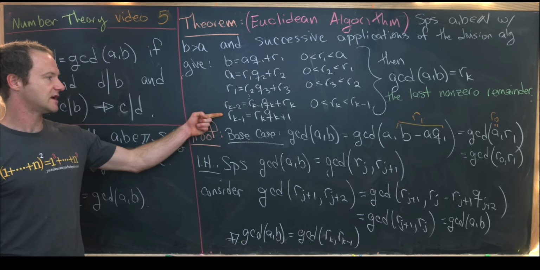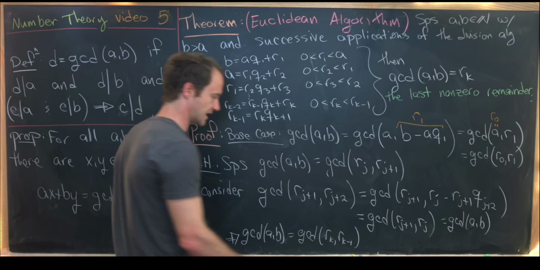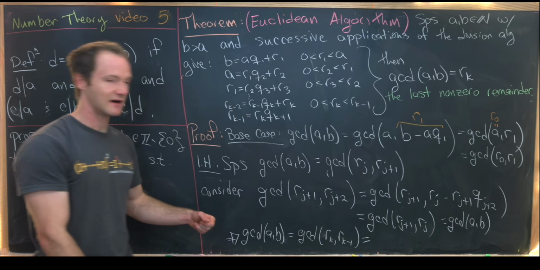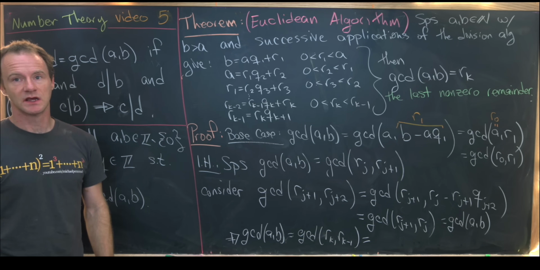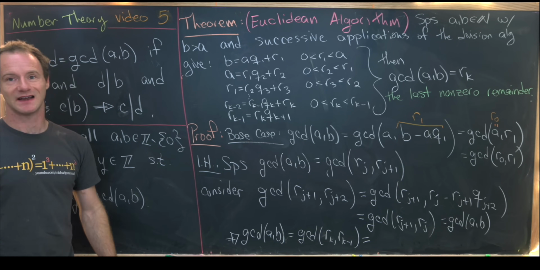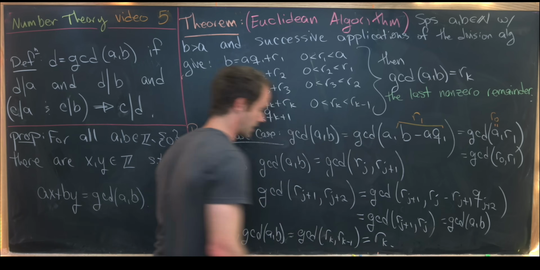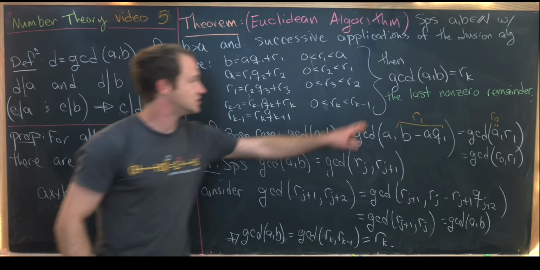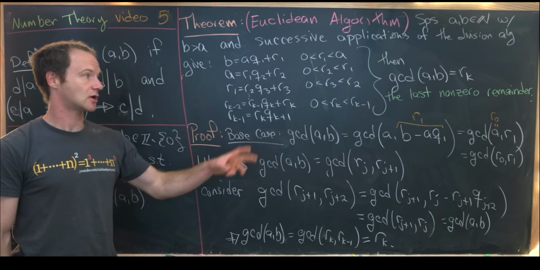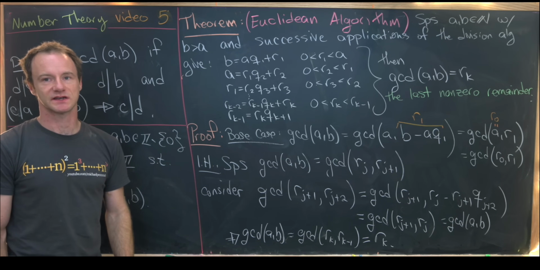But this guy right here says that Rk minus 1 is a multiple of Rk. So anytime you have some setup like that, you know that the GCD is whichever one is dividing the other. So here we have the GCD is Rk. But that's exactly what we wanted to end up with. The GCD of A and B is Rk, the last non-zero remainder after doing this process.